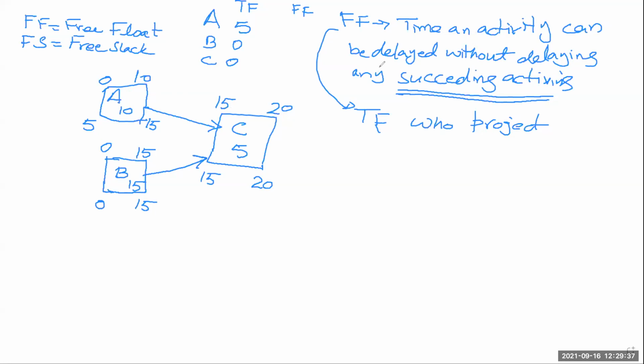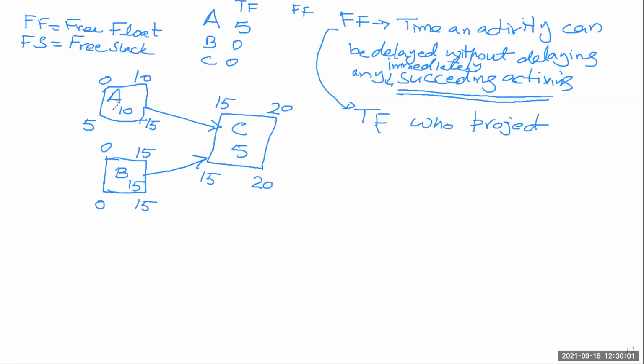Here we are talking about the immediately succeeding activity. There can be more activities if there is a larger project, but we are only talking about the immediately succeeding activity.